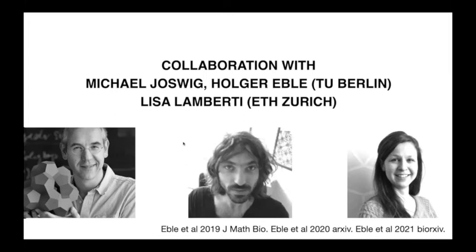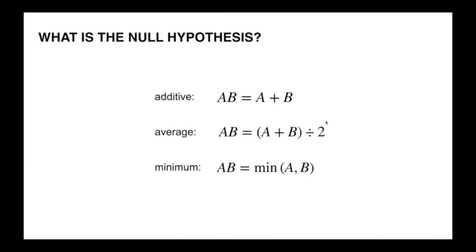I'm going to go briefly through this part here, which is a mathematical model that we developed in collaboration with Michael Josvig, Olga Ible, and Lisa Lamberti. And we've been working with a high-dimensional framework to try to understand these interactions, because one of the things that happens is that in these different types of models, they break down in higher dimensions.